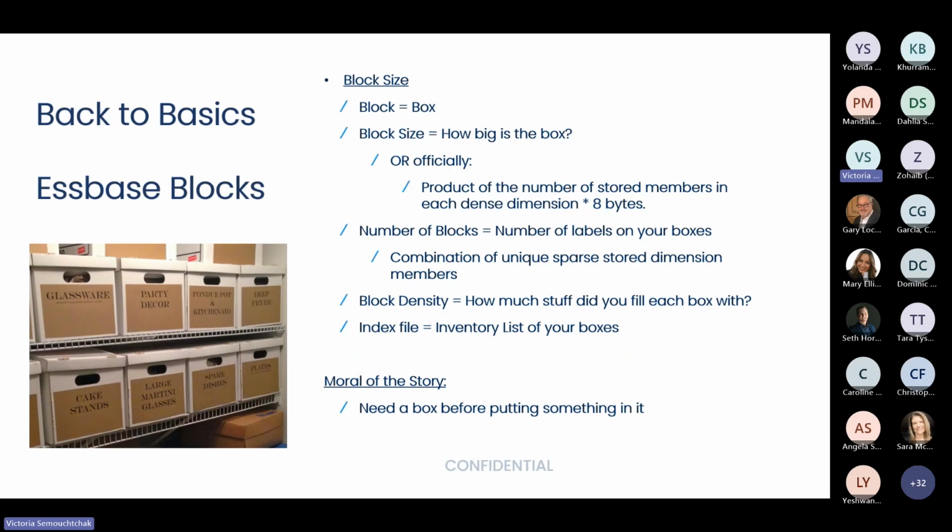How full each box is is your block density. And then your index file is that list of all the boxes you have, so you know where to find your stuff, right? The official definitions you see on your screen, but I figured the box analogy makes it easier to understand how to look at Essbase blocks.